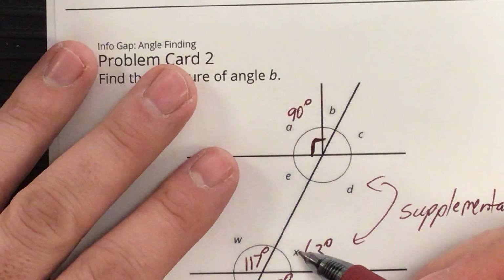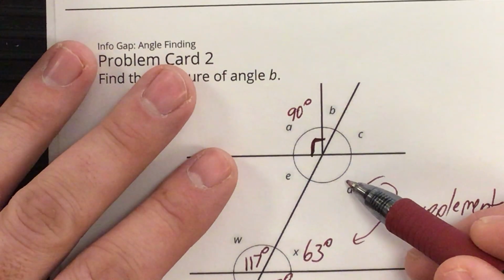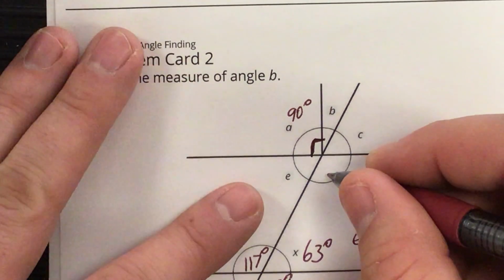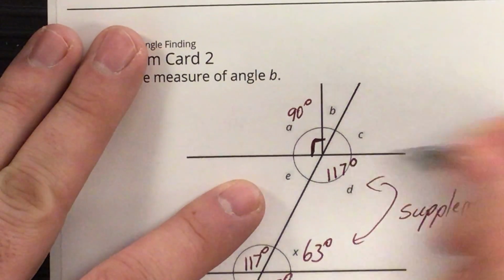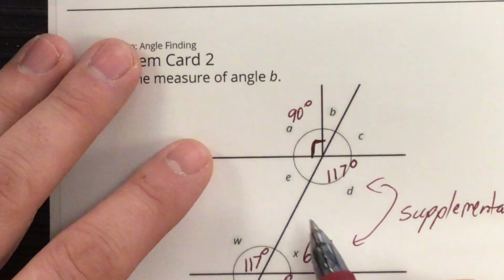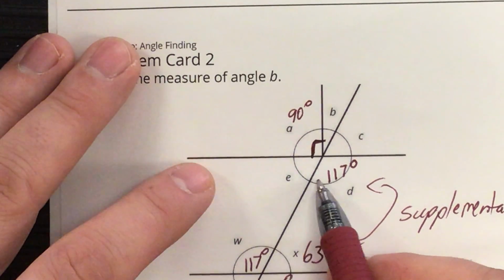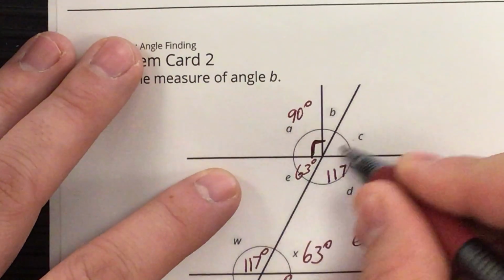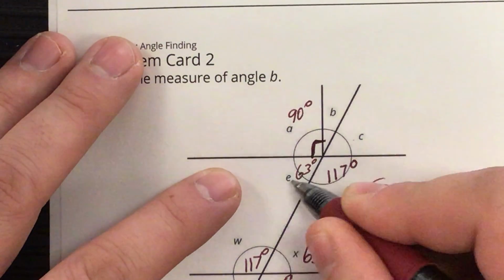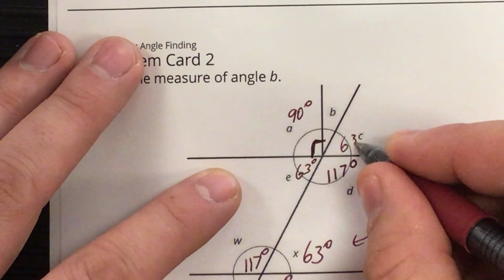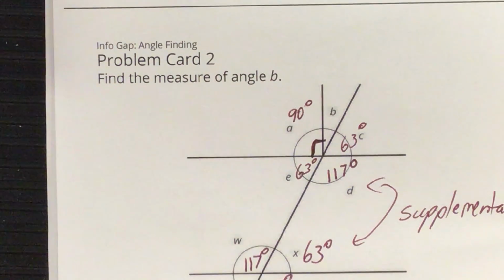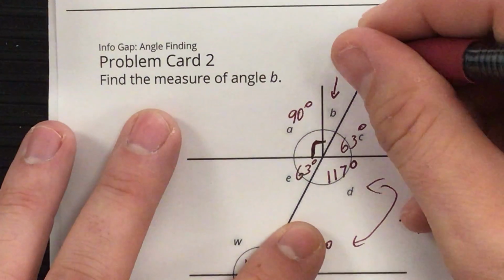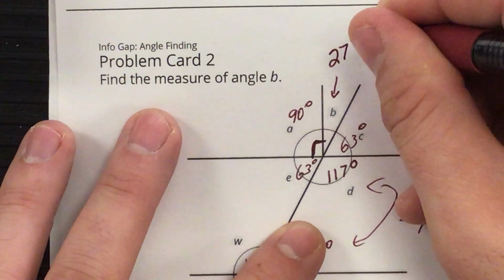Because we know these two now are supplementary, we should be able to get D. D equals 117. These two, 63. Oh, I know the answer. 63. How do you know that? It's complementary. 27. 117 minus 90.